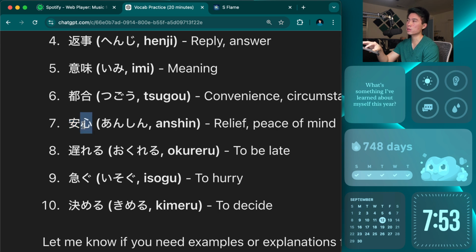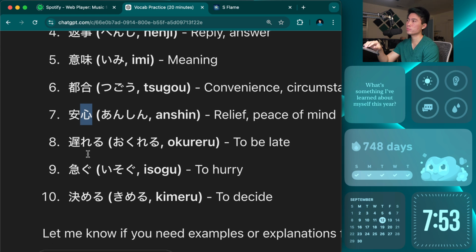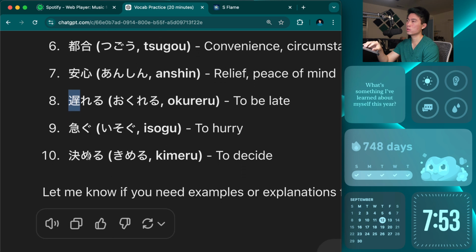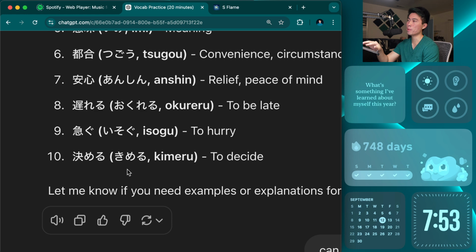Can't remember exactly. And then shin for heart. Okureru, isogu. Kimeru. Yeah. These are kanji I've seen before, but I don't have them memorized.